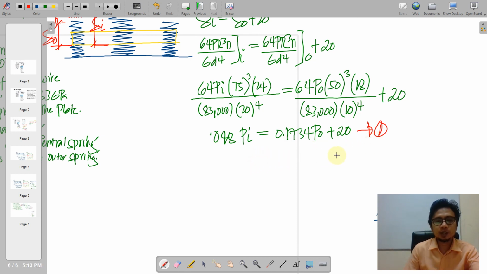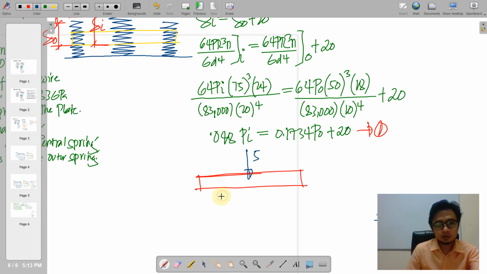And as usual, this equation 1 would be supplemented by the equation from your free body diagram. We illustrate the platform, and then the loading, and then the reaction from the spring, which is 2 loading from the outer spring and 1 for the central spring.